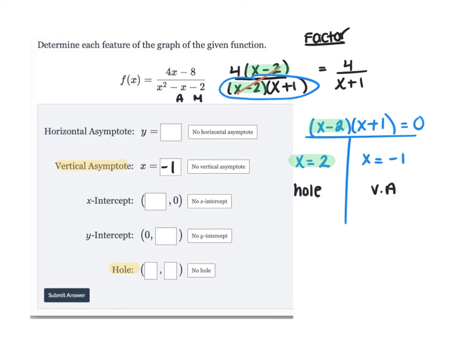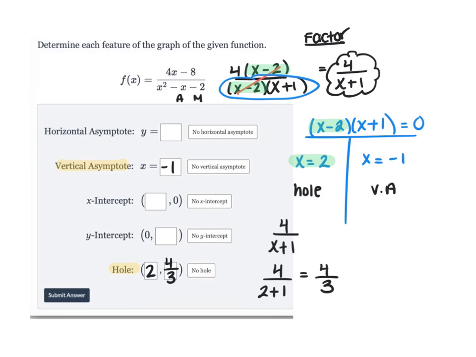Now, to find the value of the hole, we know the x value of the hole is 2, but to find that corresponding y value, we have to plug 2 into the simplified equation right here. So we're going to take 4 over x plus 1, but instead of x, we're going to put 2. So 2 plus 1 is 3, so we get 4/3. So that 4/3 will go in for my hole.